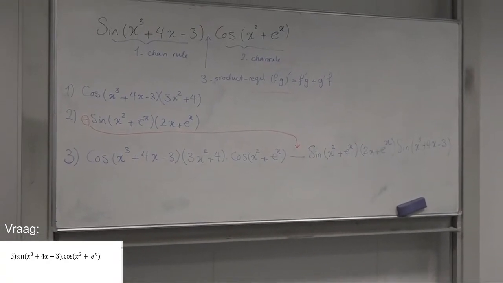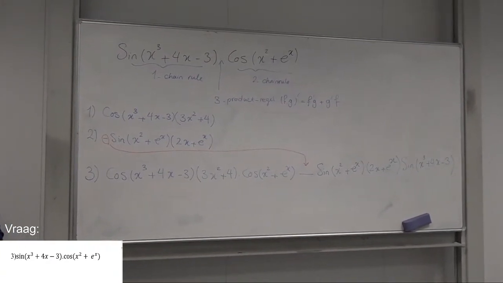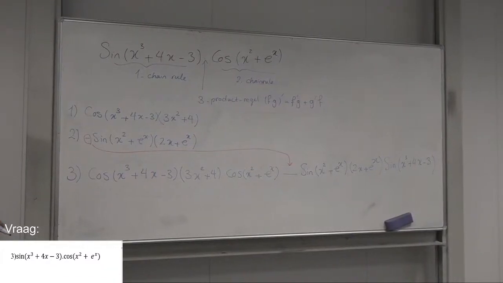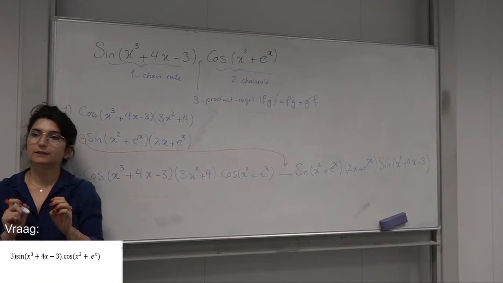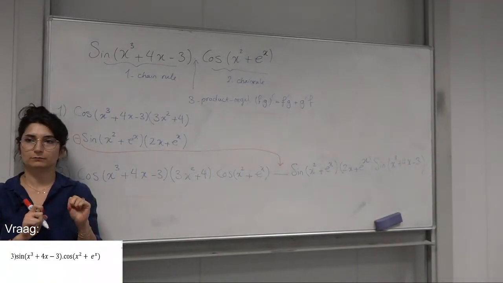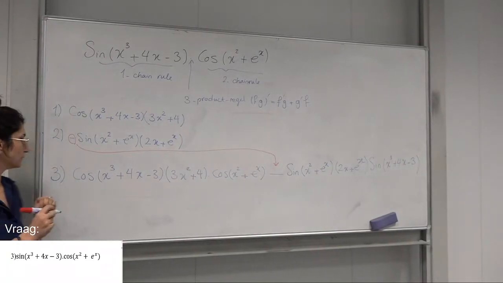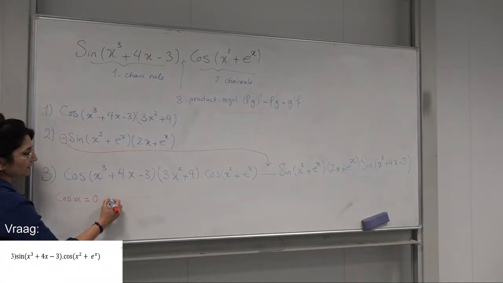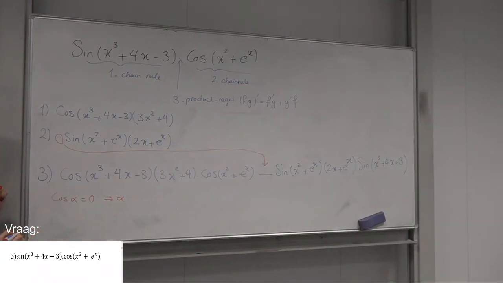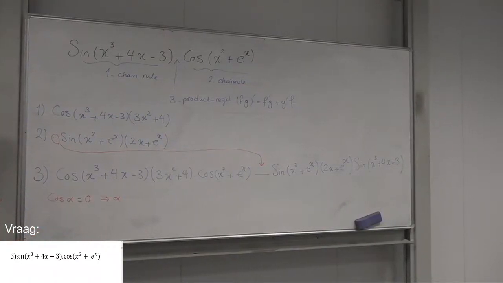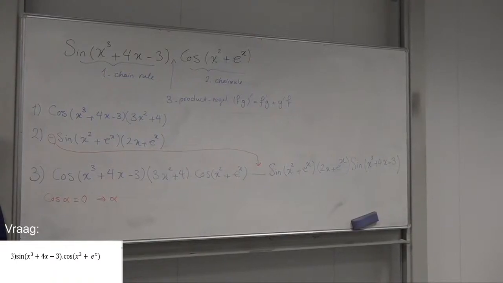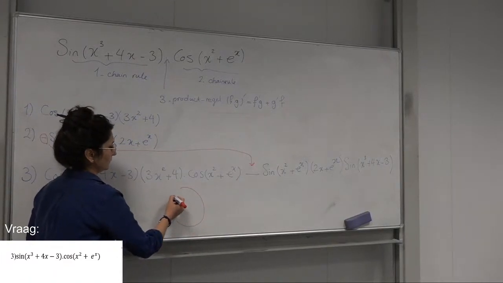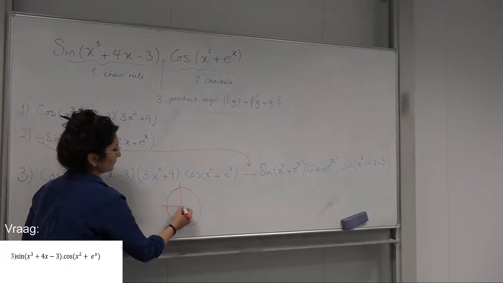Cool. Okay, at which angle is the cosine 0? Cosine alpha is equal to 0. What can alpha be? This was the unit circle. Where do you have x equal to 0?